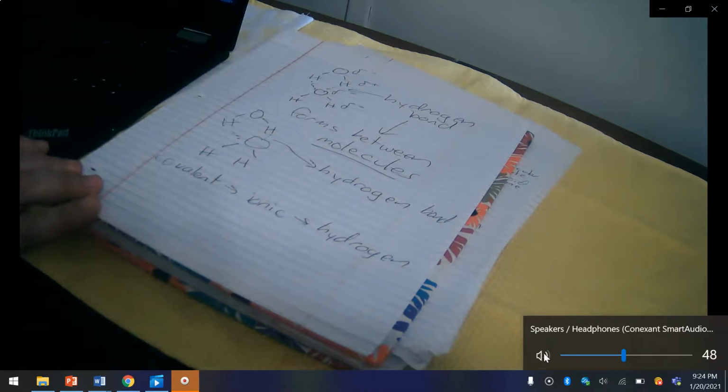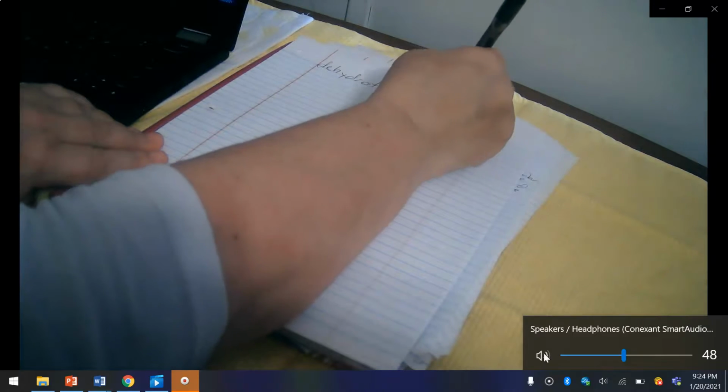And now we need to talk about how molecules form by combining or by breaking apart. So we're going to talk about dehydration synthesis, which is a type of chemical reaction where you take two smaller molecules.